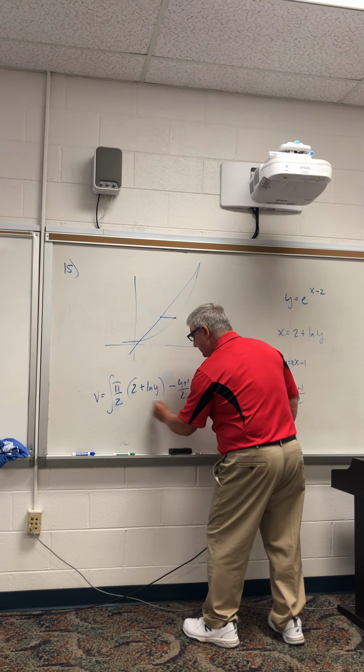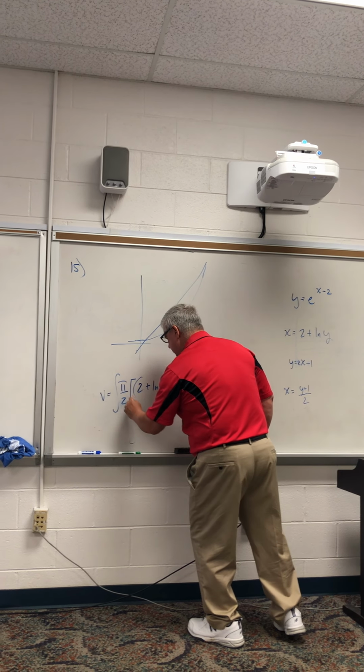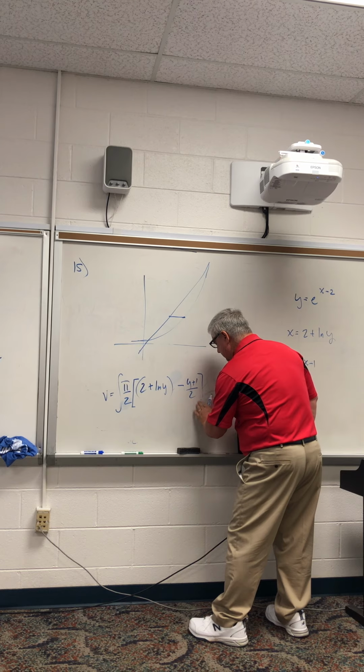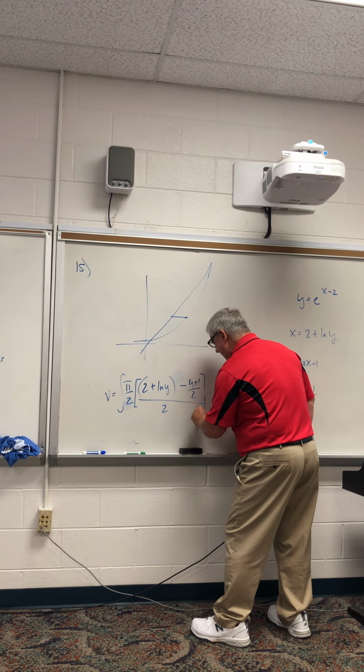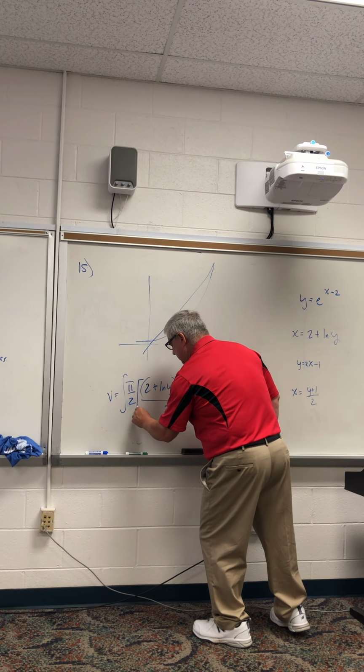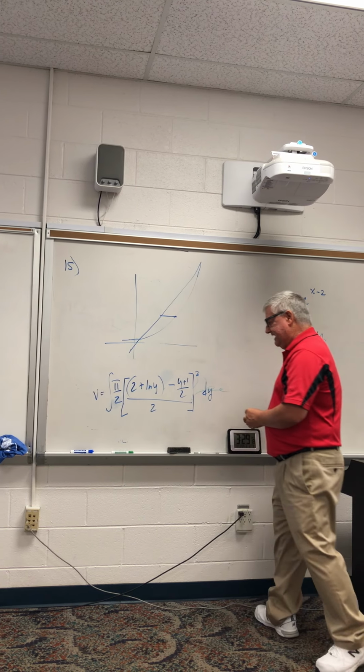This is the radius. No, that's the diameter, I'm sorry. That's the diameter. So I need to take this, cut it in half, square it, and the thickness is dy.